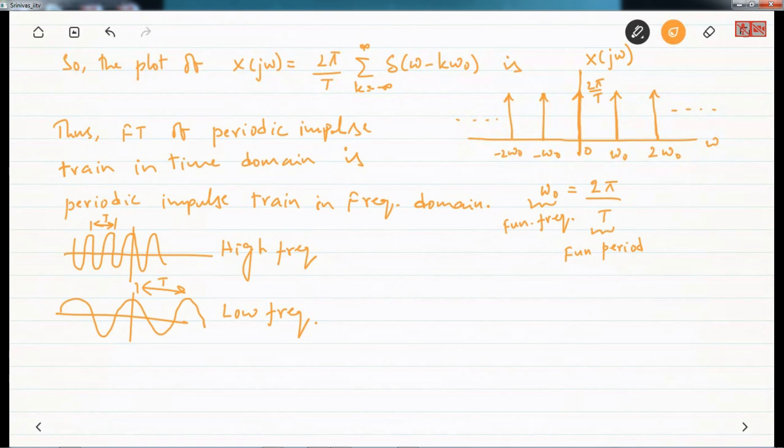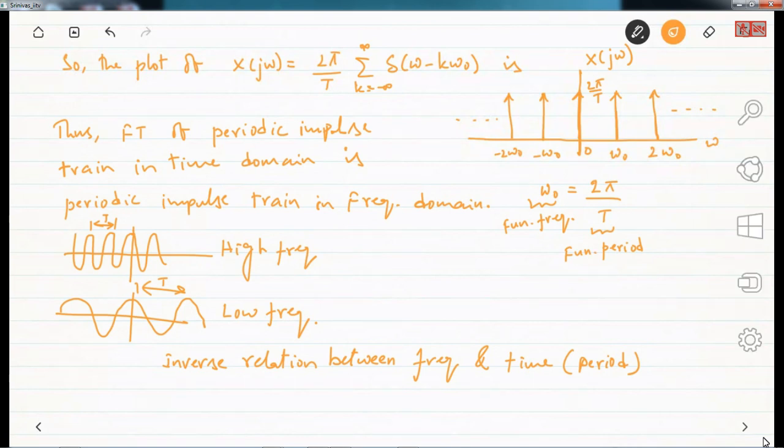Similarly here, if T increases, the frequency decreases, or if T decreases, frequency increases. You already know from your first year courses this inverse relation between frequency and time. When I say time, I'm talking about the period of the signal in time.